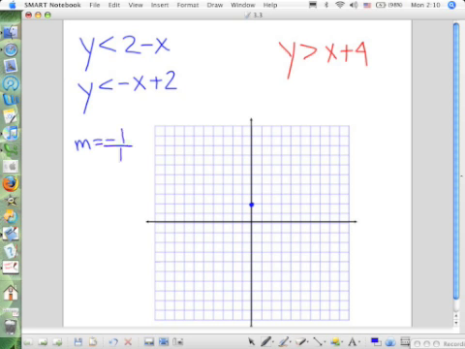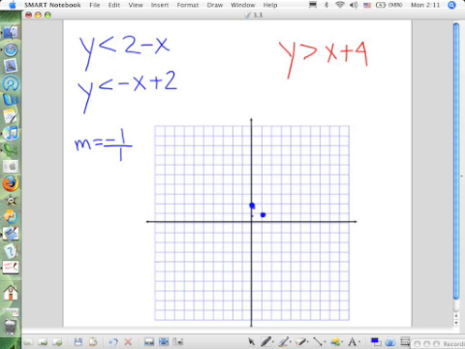So what does that tell you? That tells you that you have to go over 1 and down 1. The top number is your rise. It's negative, so it means go down 1 unit and then to the right 1 unit. So from your starting point, you go down 1 and then to the right 1.